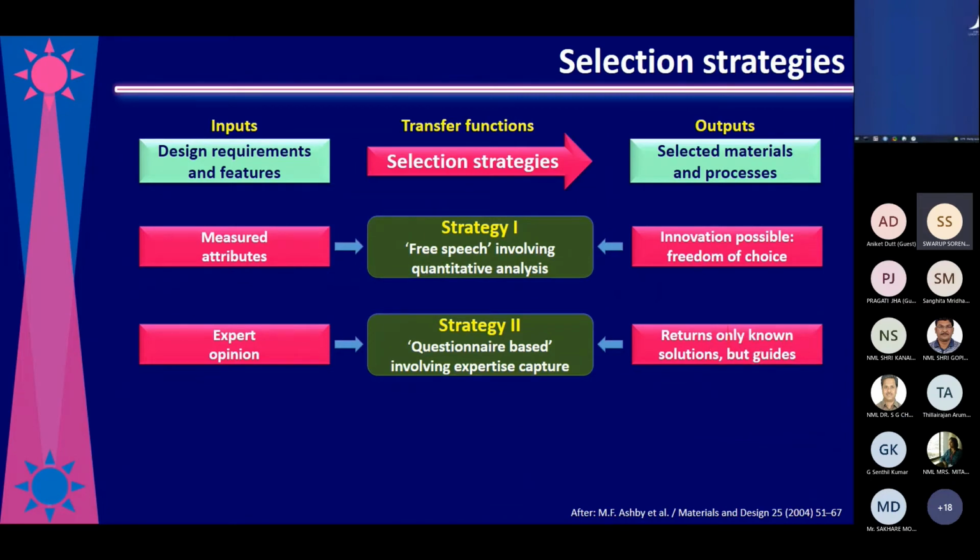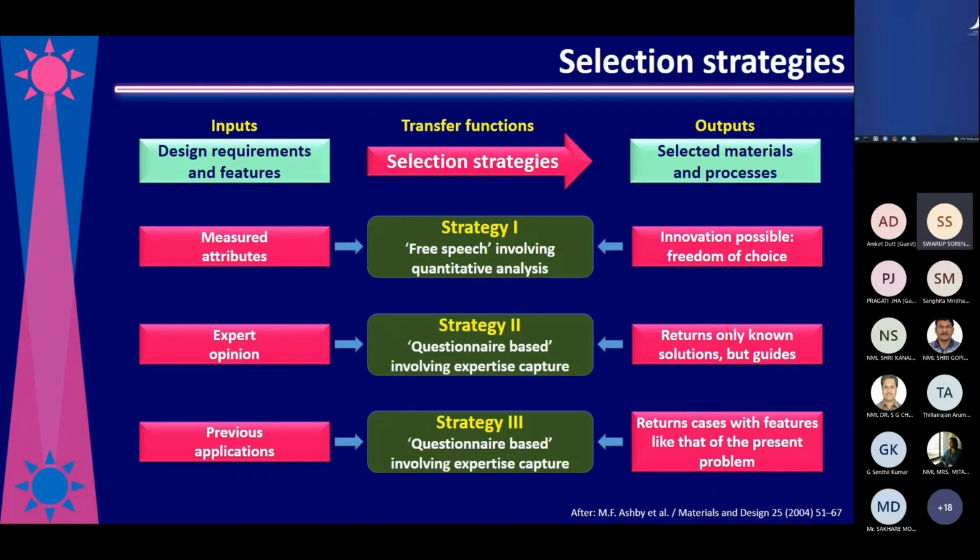but the innovation possibilities here are very less compared to strategy 1. And then strategy 3, here also we want to have the expertise from other people, but this is not the mental support from the expert, but from the previous application. So you don't go to an expert for the basis of his mental understanding.